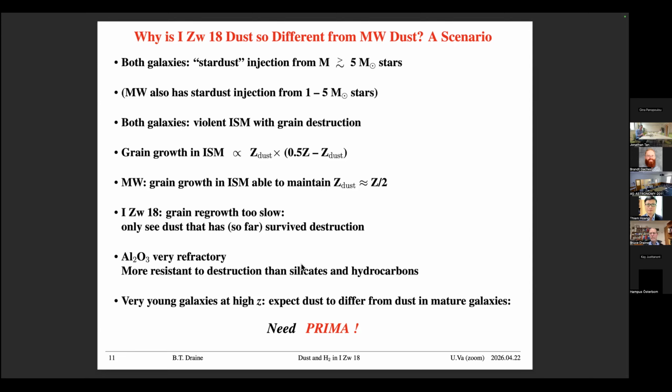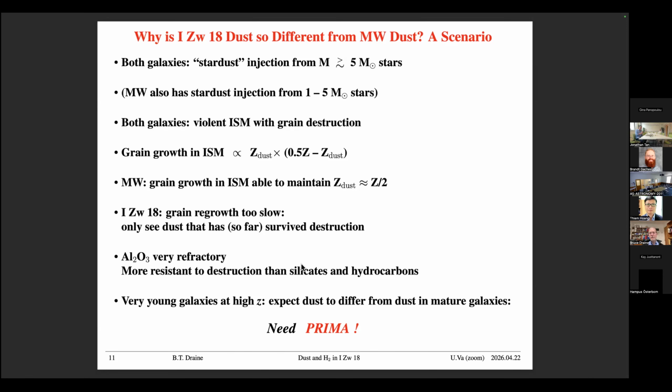So Al2O3 is not seen in the diffuse ISM. Is it seen from any evolved stars in the galaxy? There have been hints of it in evolved stars, very interestingly, in very low metallicity evolved stars. So there was Spitzer Space Telescope infrared spectroscopy of the collective mass loss from stars in globular clusters.